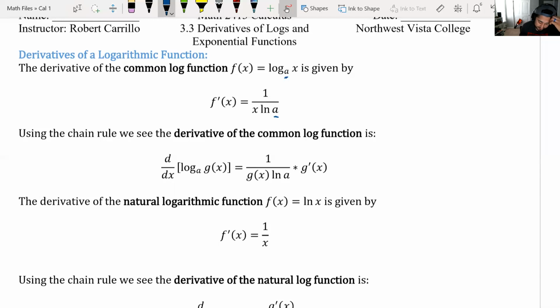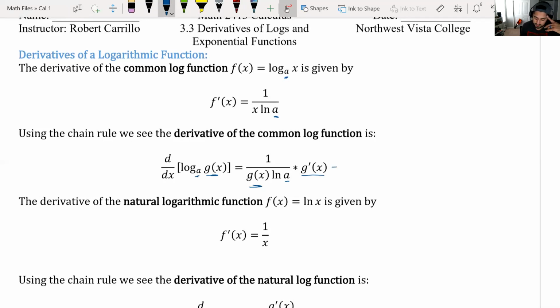If you have log base a of g of x, the chain rule derivative says that this equals 1 over g of x times the natural log of a. So you see that this g of x goes here, this base goes there, and then the derivative of g of x, whatever function's on the inside, goes out here. Okay.